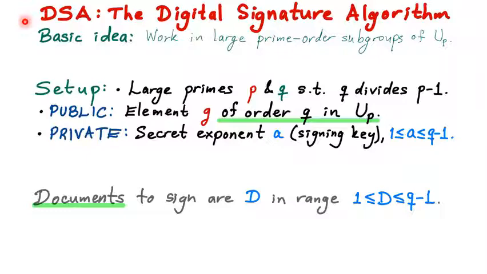But the condition of choosing elements that are coprime to p minus 1, those are the random exponents k, is a little cumbersome, right? Because p minus 1 is a composite number, so it's even in particular.